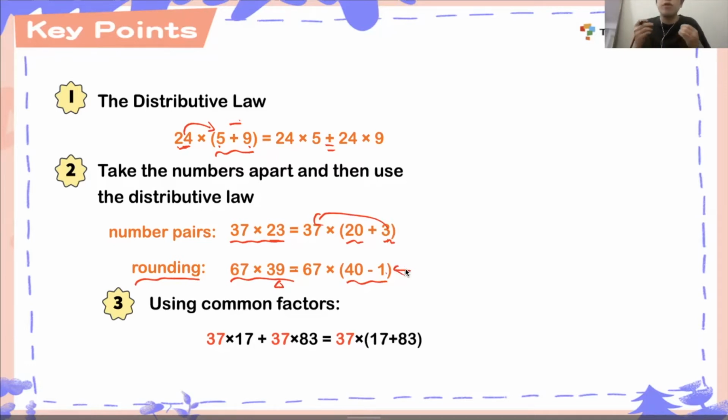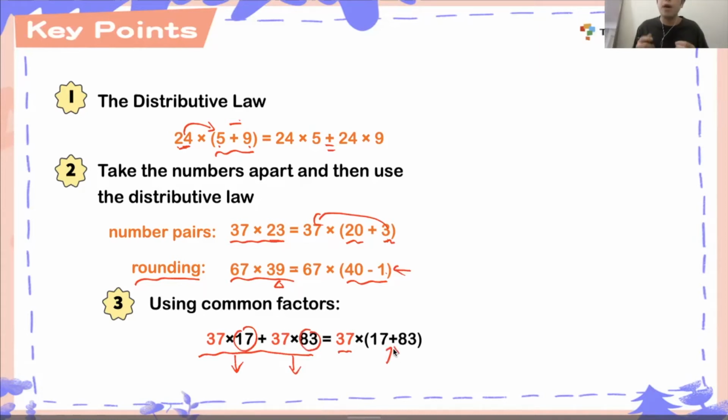And also we will use common factors. Using common factors is the inverse operation of distributive law, right? If we meet an operation like this, we both have 37 in these two multiplications. So that means we can extract 37 and make 17 and 83 in brackets.